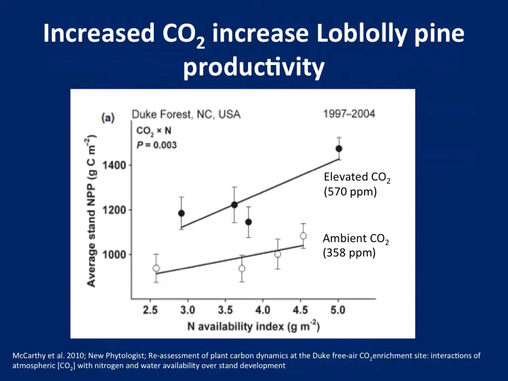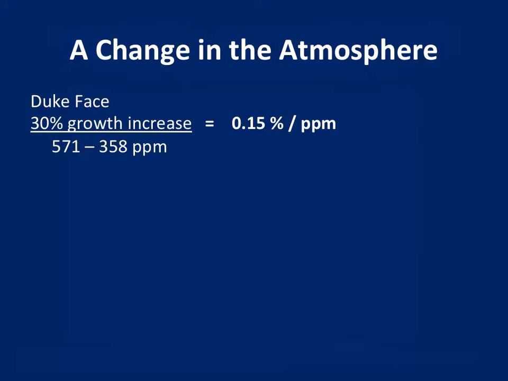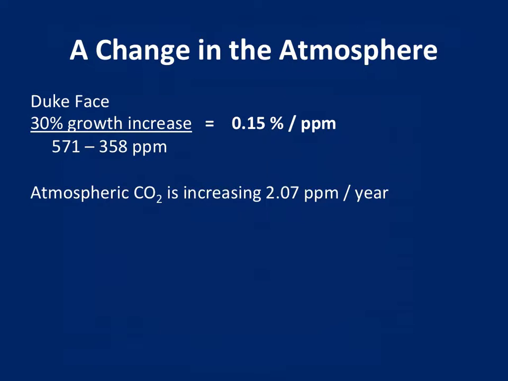And what this graph is showing is that the relative response to elevated CO2 increases as a function of nitrogen availability. But it's a pretty substantial increase. It works out to be about 30% on average across this nitrogen availability gradient. So just doing a little back of the envelope calculation, you get about a 0.15% growth increase per part per million from the Duke study.